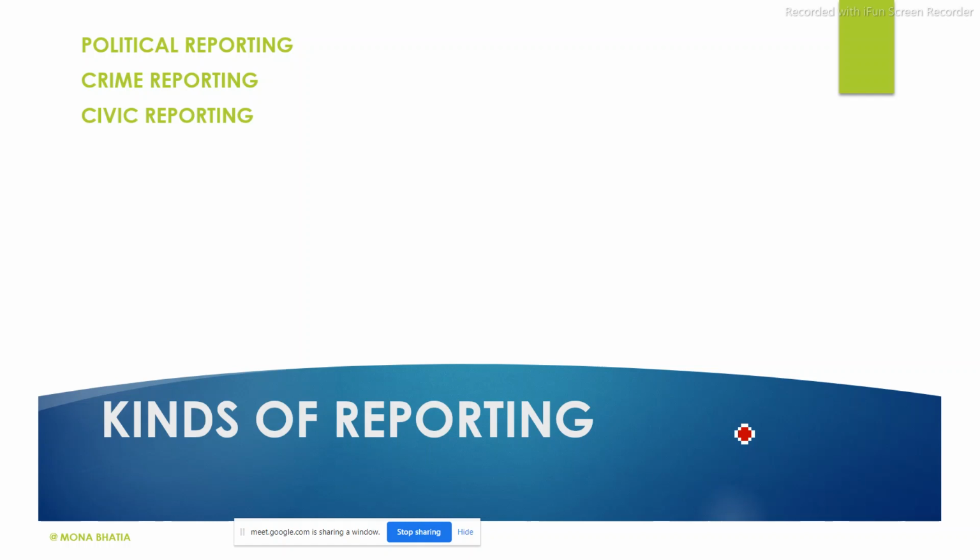These are the things that are still lying pending. And during the times of the vote, they come in front of us asking for votes, but they don't do all of these things. So this type of reporting generally has more coverage during election times, and most of the time it is ignored. Right, that's it.